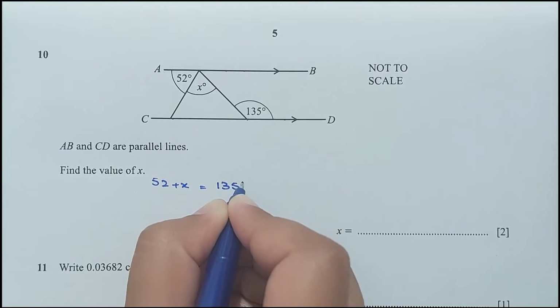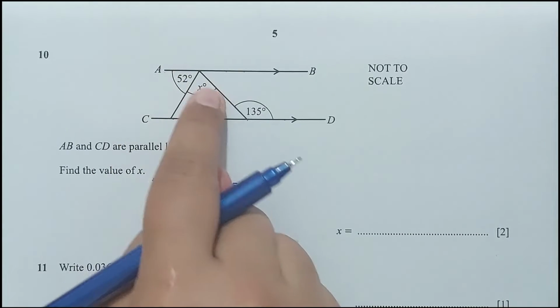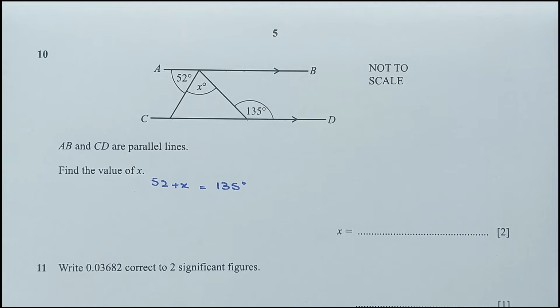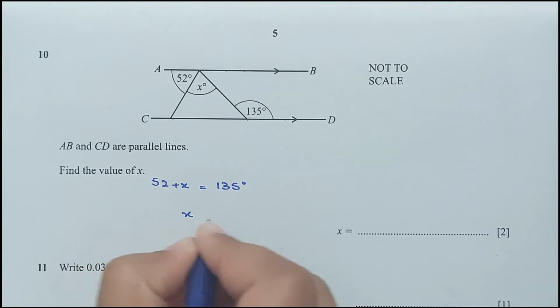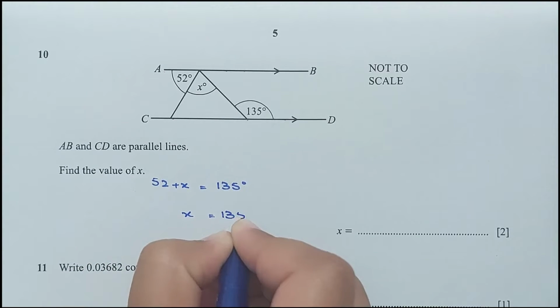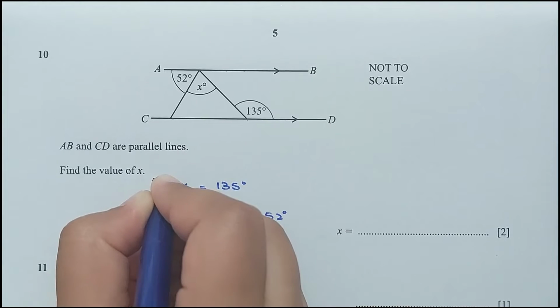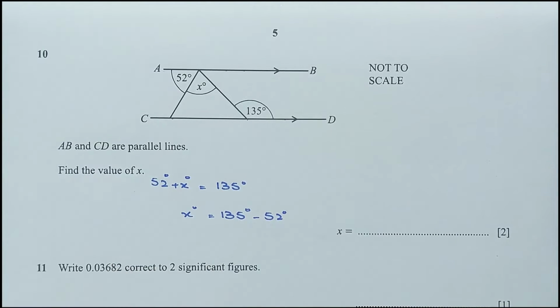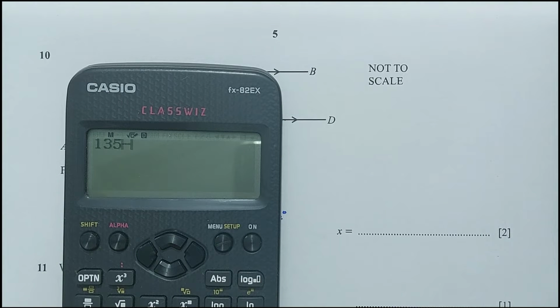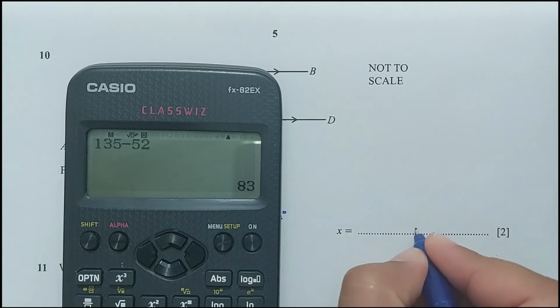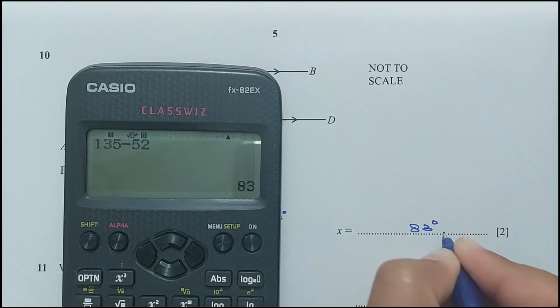Those are alternate angles and they are equal. We have to find the value of x. So x is equal to 135 minus 52. From 135 subtract 52, that is 83 degrees, right?